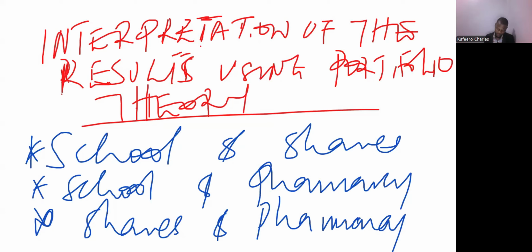So we have investing in a school and investing in shares as our first portfolio. Then the second portfolio is a school and a pharmacy, then shares and a pharmacy. We looked at the different formulas that we can use to compute the expected return and then the risk.